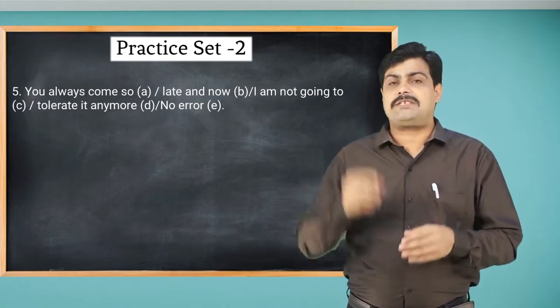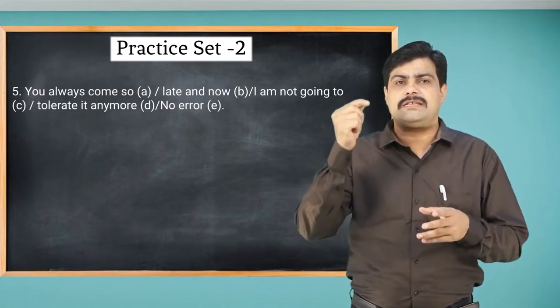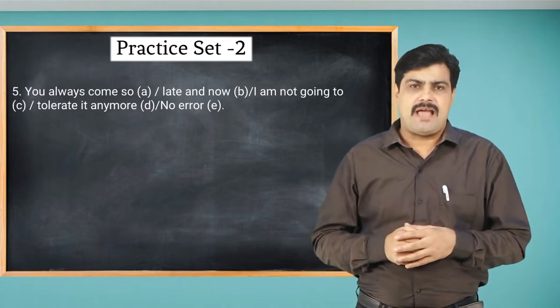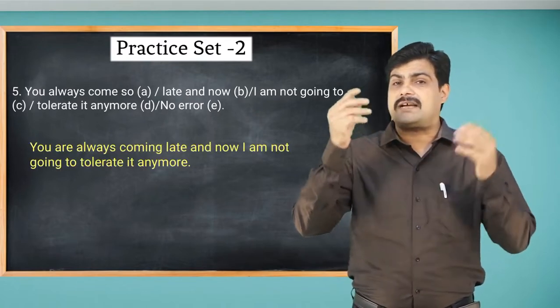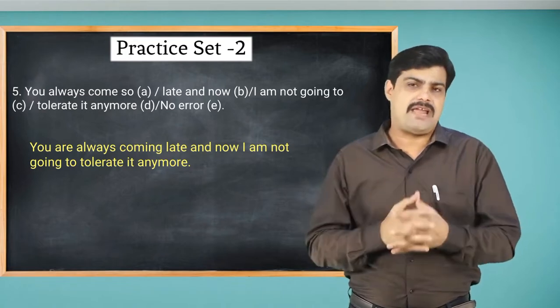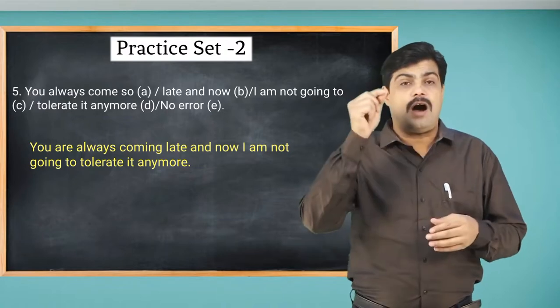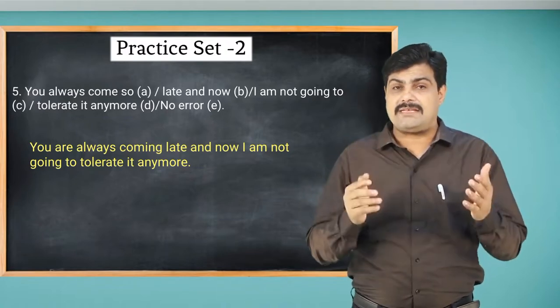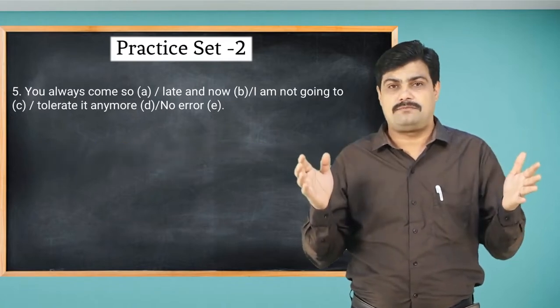Remember, in case of irritation or anger, we use the tense in continuous and not in present indefinite. So use present continuous tense in part A. See the correct sentence. You are always coming late and now I am not going to tolerate it anymore.